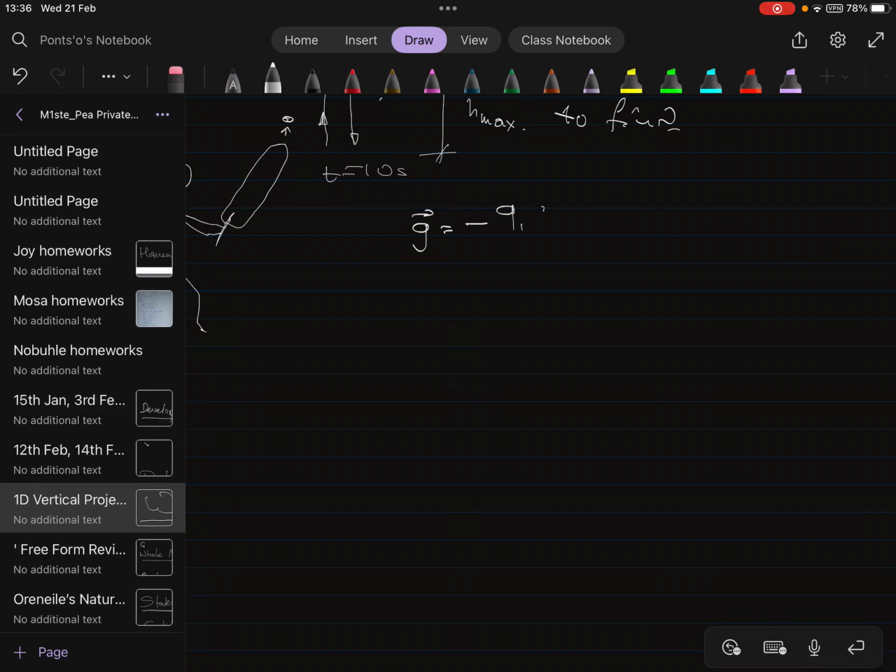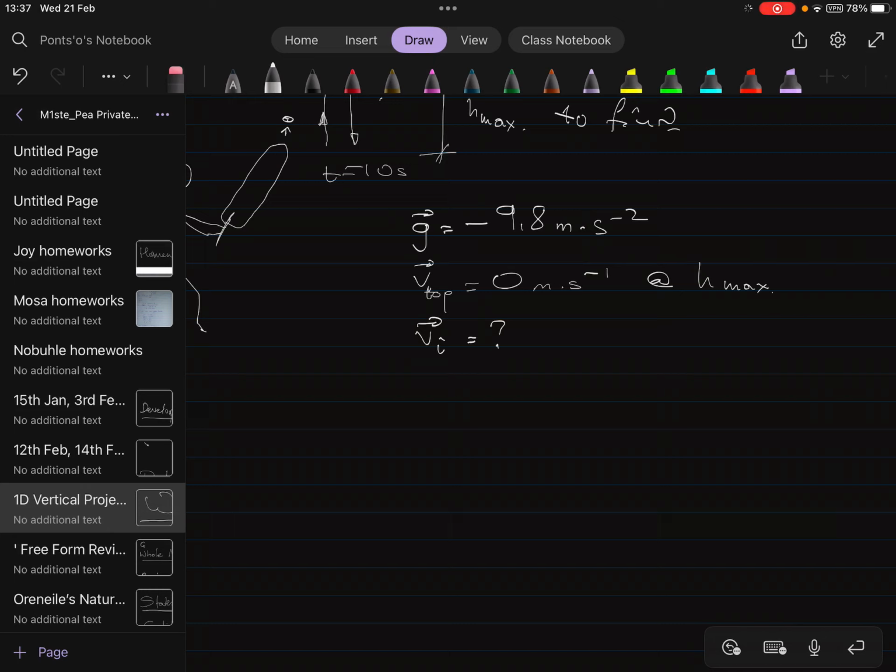So we've got the acceleration due to gravity, which is, we'll assume, since it's traveling down, 9.8 meters per second squared, right? But we know the velocity at the top, which is where it reaches the H max.